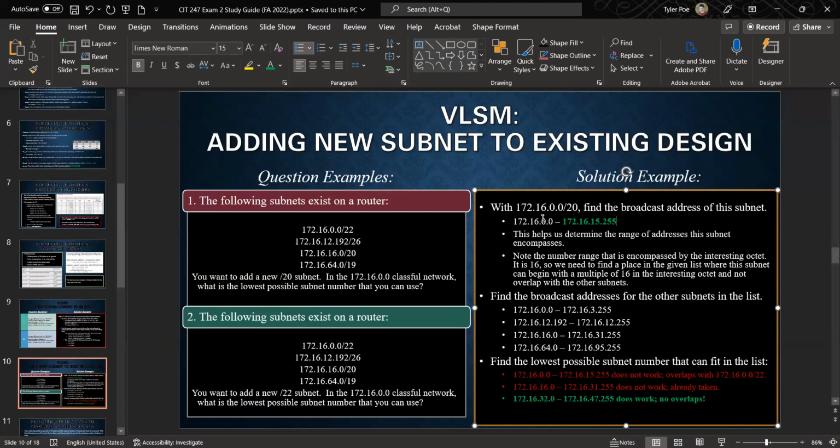So 0 is the interesting octet so far in the address we're given. Our interesting octet is 0. 16 times 0 is 0. To find the broadcast address, we add the magic number, 16, to this interesting octet number, and subtract 1, so we have 15.